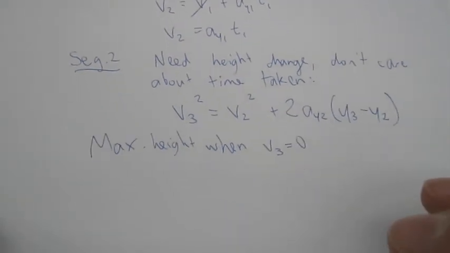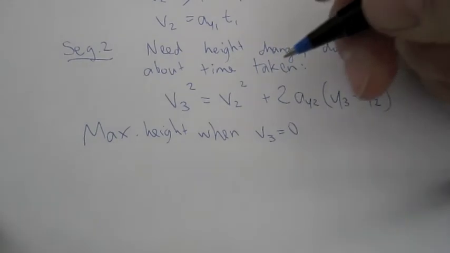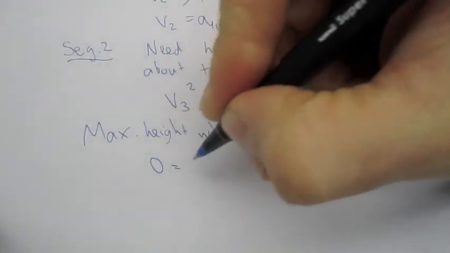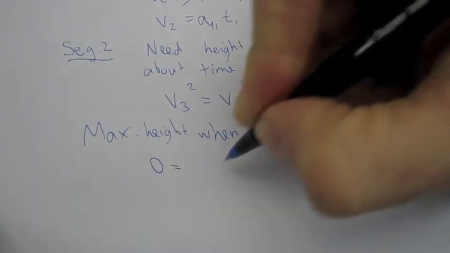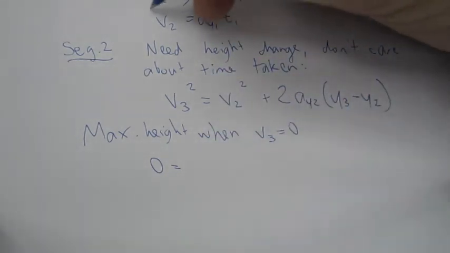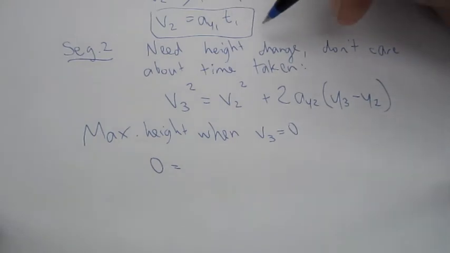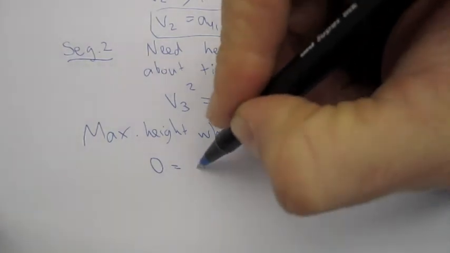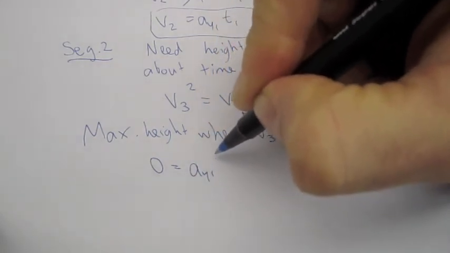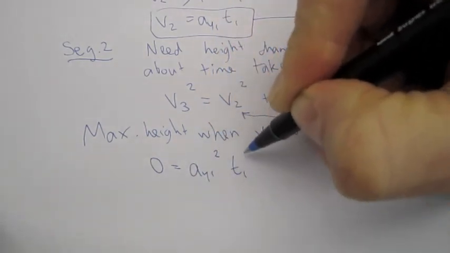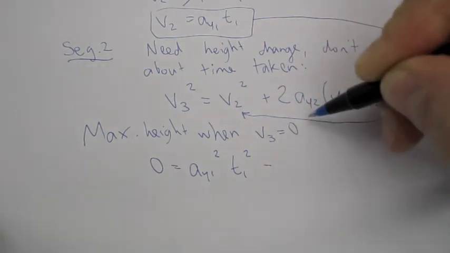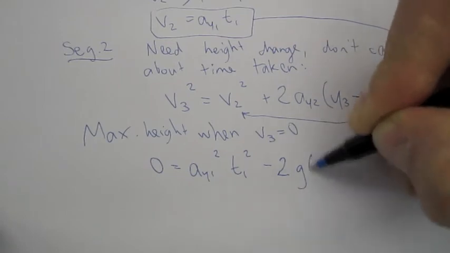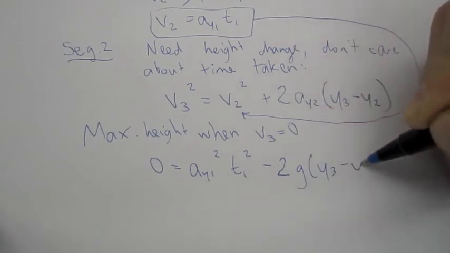So we'll solve all this. 0 equals, v2 can come from here, we'll plug that in: ay1 squared times t1 squared minus, because we've got a negative g, 2 times g times y3 minus y2.